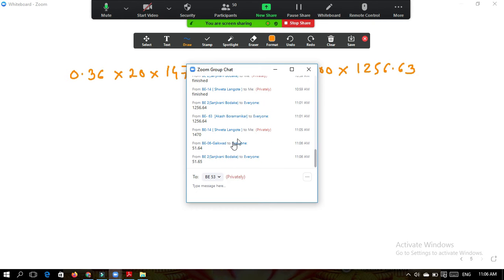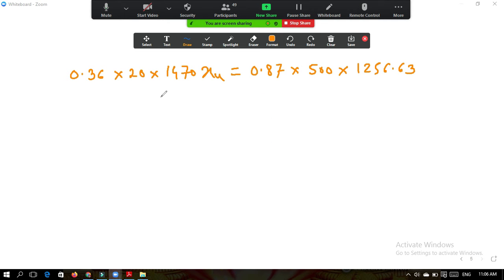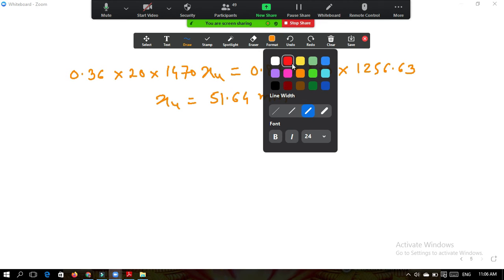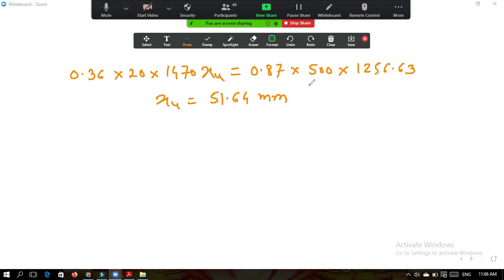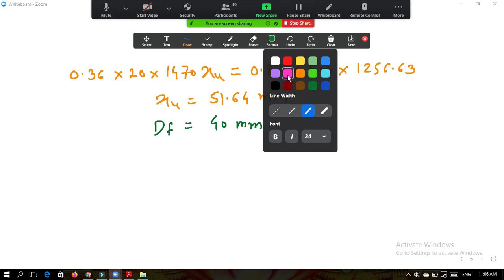So the value of Xu is 51.64. So Xu is equal to 51.64 mm. Now compare the value of Xu with Df. Df is 40 mm.